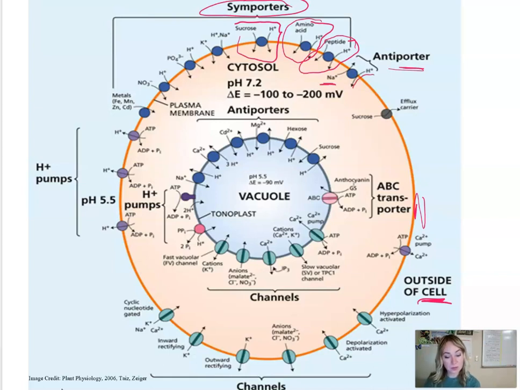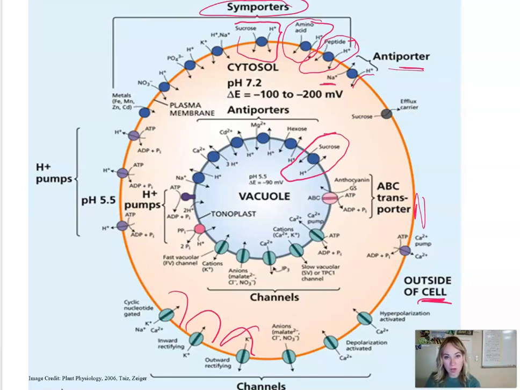So antiporters, notice they're moving molecules in two different directions. Here, when it comes to the vacuole, notice the sucrose is being moved into the vacuole, and then the hydrogen is leaving it. So you can see they're going in opposite directions. Now if you remember, we also talked about channels. These channels indicate facilitated diffusion, when molecules go from high concentration to low.